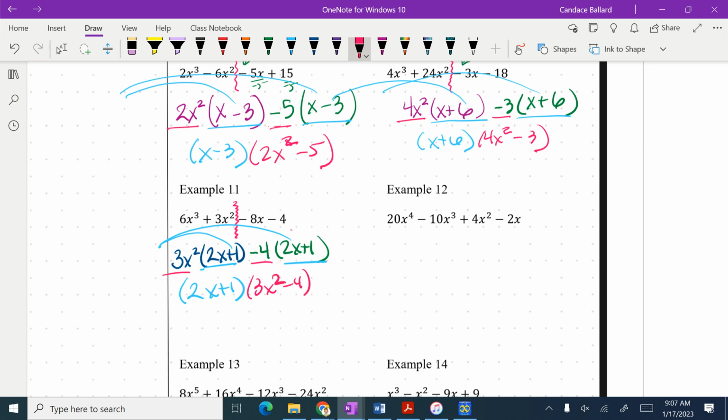Okay. I want you to try example 12 from beginning to end on your own. Okay. Beginning to end on your own, for example. Don't go to 13 and 14 yet. They have other weird things that happen.